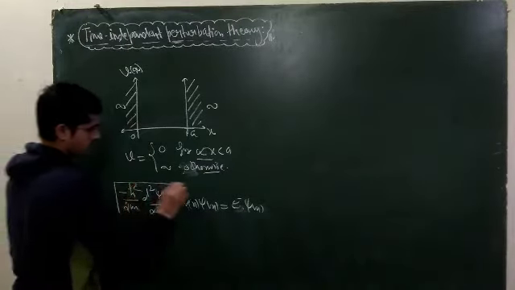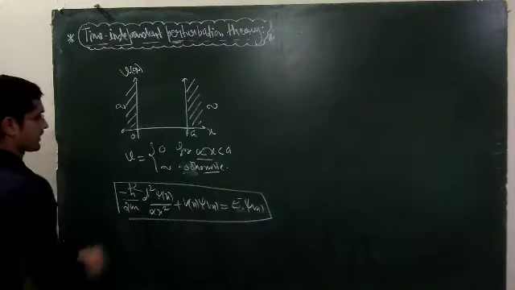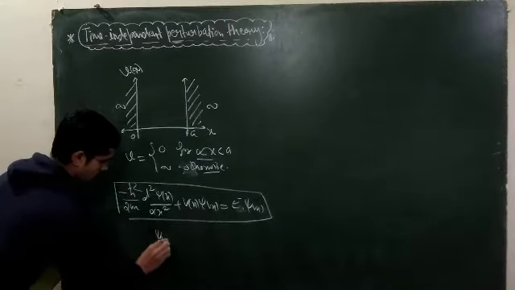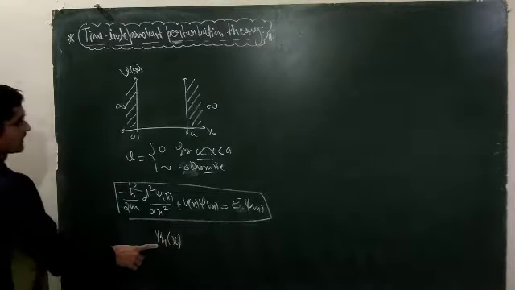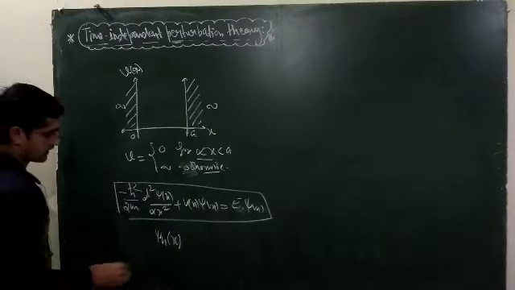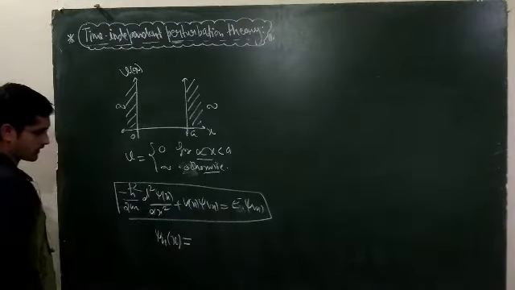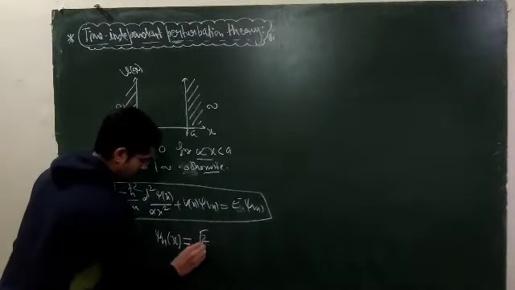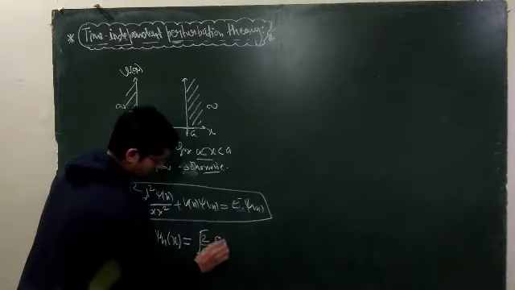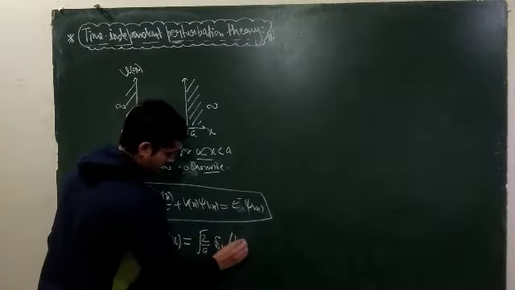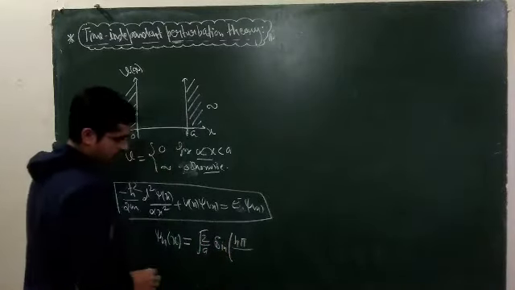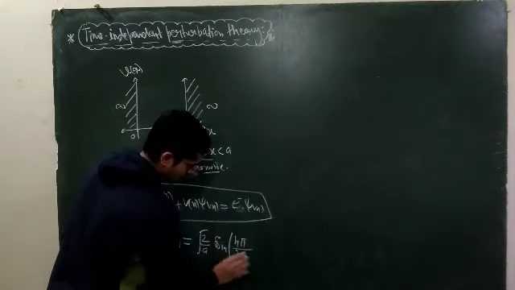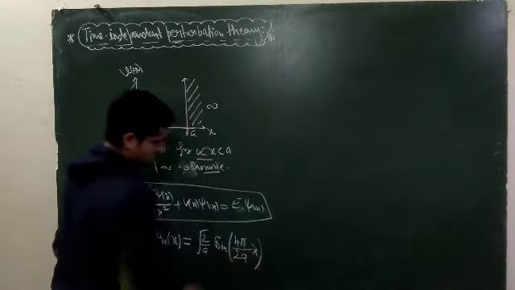This was the equation which you solved, and what you got was the wave function for the particle in between these two points. It came out to be the square root of 2 over a, times sine of n pi x over a.